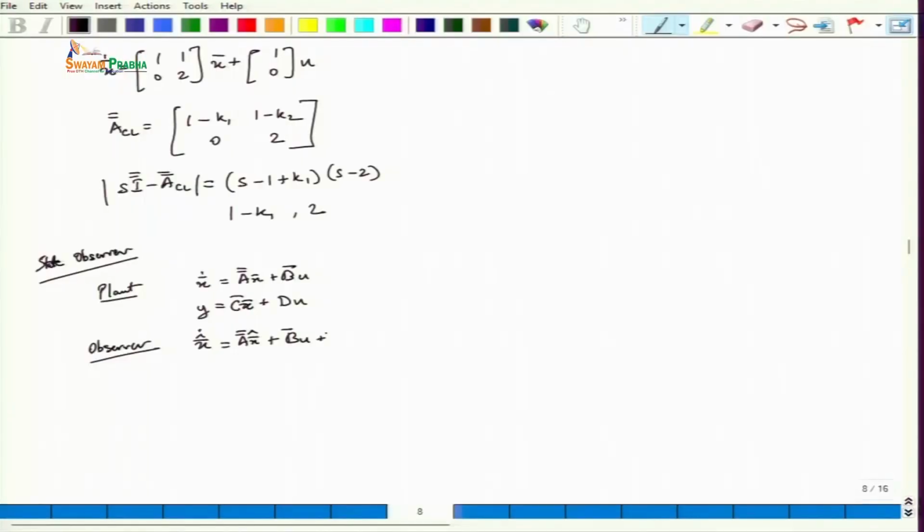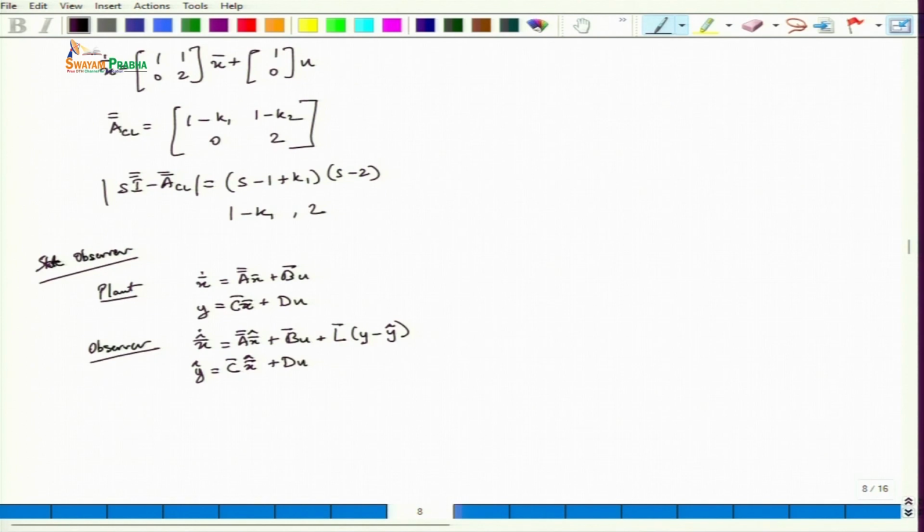So we are going to also estimate y, and we are going to use the error multiplied by this gain L, which is similar to the gain matrix K for the state feedback. And this observed y is C times the observed state plus Du. Now this is the plant and this is the observer.